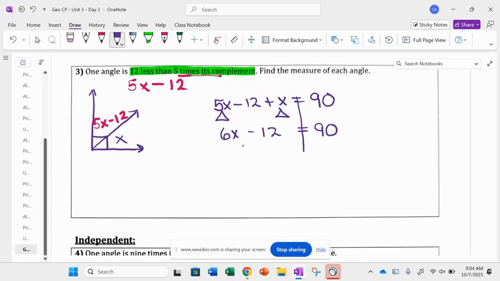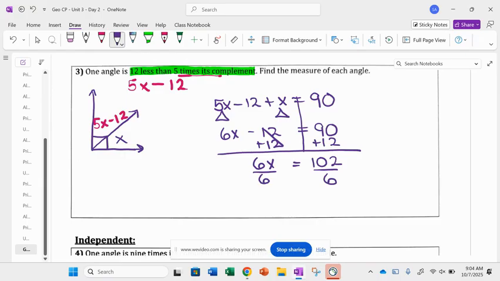We're going to add that 12 over. So we're 6x equals 102. Divide by 6.